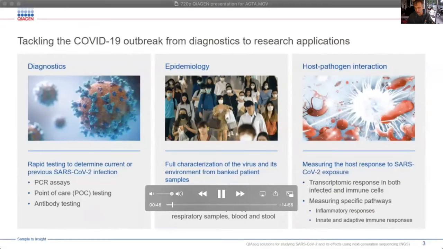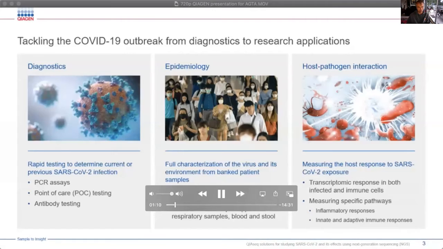Beyond that, we see the need to look at it from an epidemiological point of view. To do that, we have to have full characterization of the virus and also its environment from banked patient samples. Specifically, looking at the entire genome of the virus is interesting to be able to understand what's happening in clusters, and what's also happening in different places around the world.